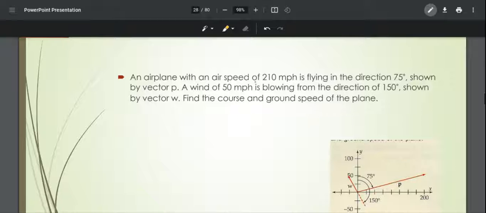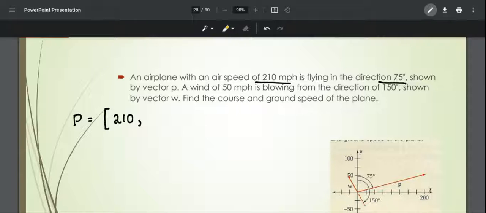So we have an airplane with the airspeed of 210 miles per hour. So I'm going to use P for my vector for my plane. And when we're writing magnitude and direction, we can actually use just a regular bracket. The first number is your magnitude. The second number is your direction.